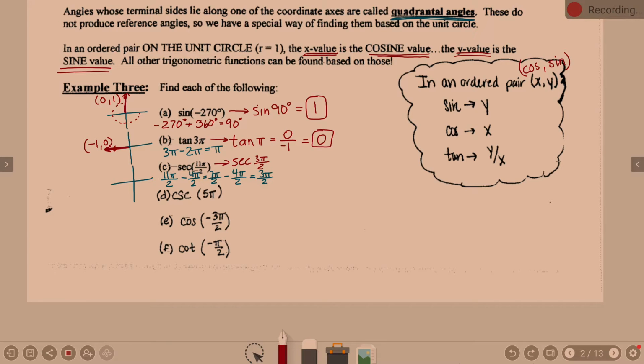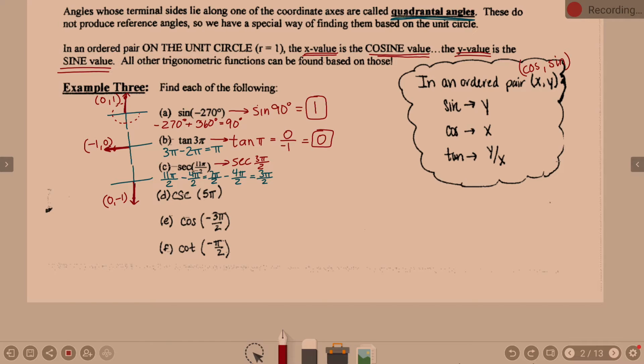Where is 3 pi over 2? That's 270, isn't it? What is that ordered pair down there? From the origin, you go left or right 0, and down 1. So that represents the ordered pair 0, -1.